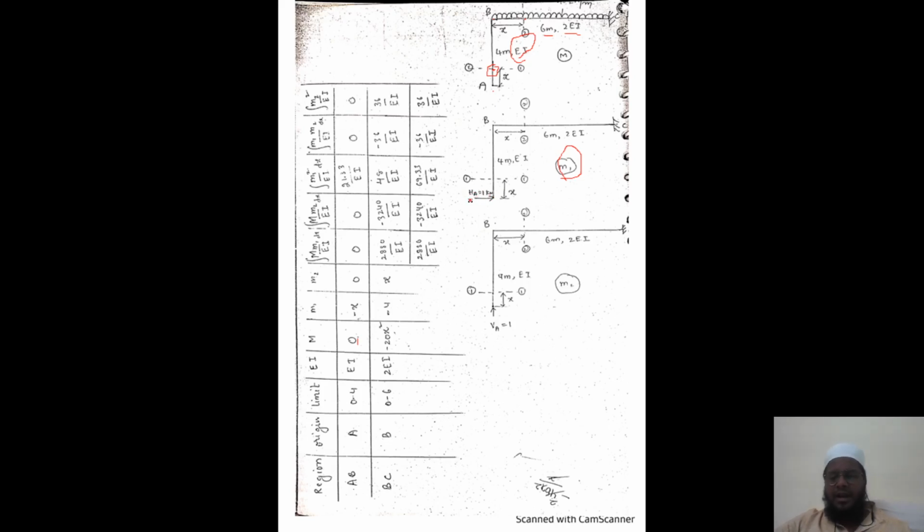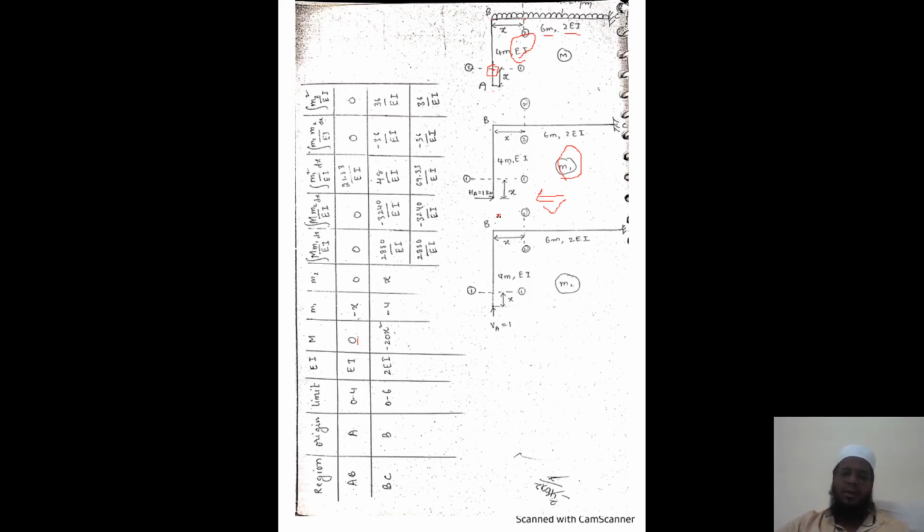It is acting exactly on the right side of the beam. Either we can take the right side or the left side. We have assumed the right side, but we can assume the other also. Both assumptions are correct, but we have to make sure that if the final value comes out minus, it means our assumption is in the opposite direction.